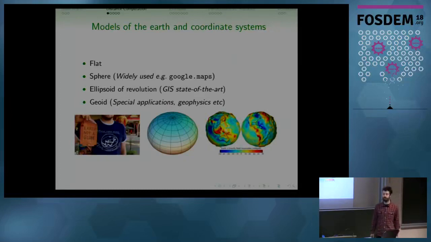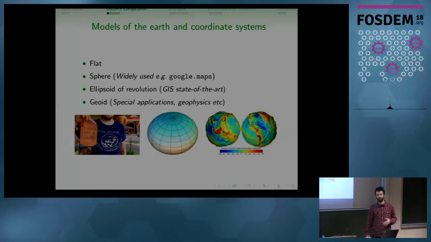For now, what we are doing is the third bullet. So we treat the Earth as a flattened ellipsoid, so as an ellipsoid of revolution. And we'd like to do computations there. In order to do this, we could use spherical computation or even flat computation, Euclidean geometry.